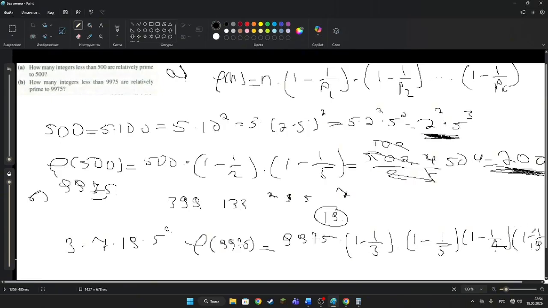And if we just calculate with a calculator, it's gonna be 4320. It's case B and it's case A.